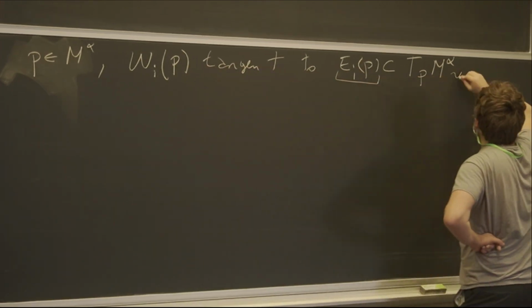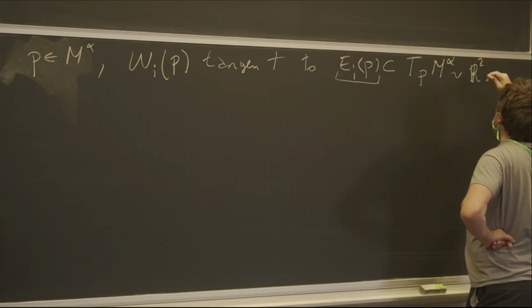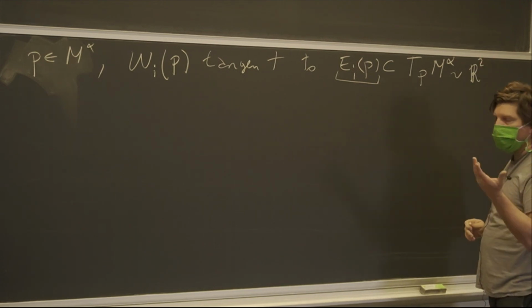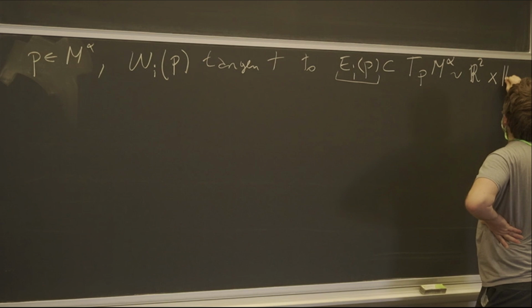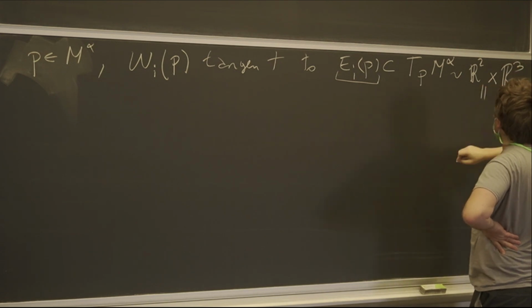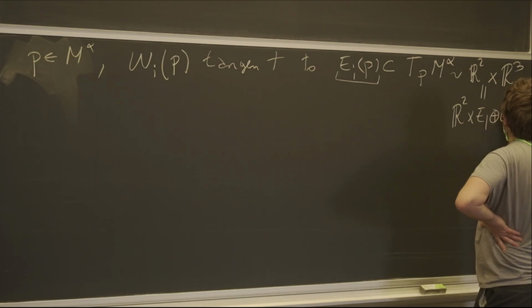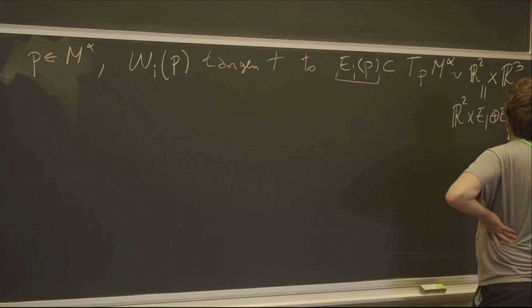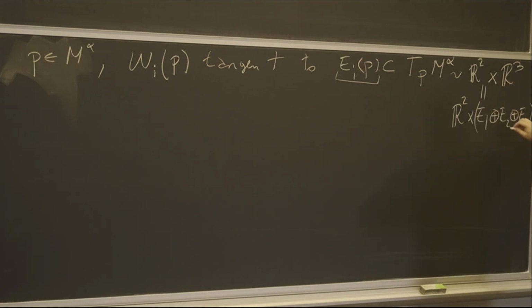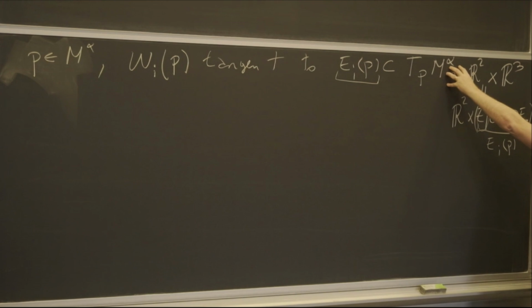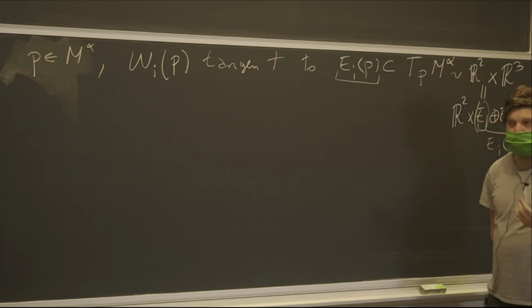So this is naturally identified, not completely naturally, but reasonably identified with R2 times R3, and this R2 times R3 has a splitting R2 times E1 plus E2 plus E3, and these are the E_i's. So these are what we call the E_i of p. So even though this identification is not completely natural, the invariants of the splitting tell us that E1, E2, and E3 are well defined on this space.